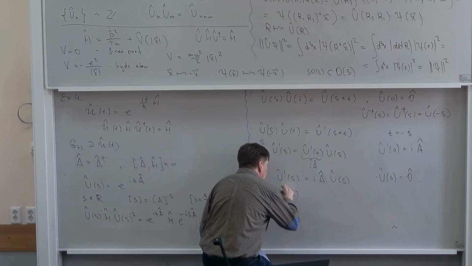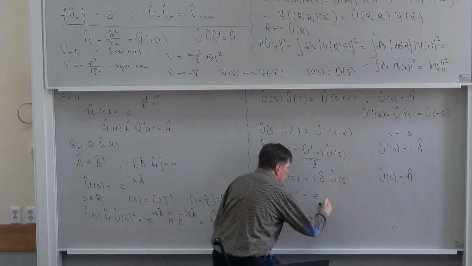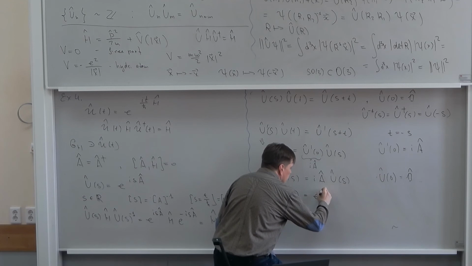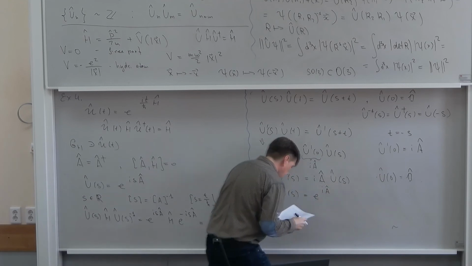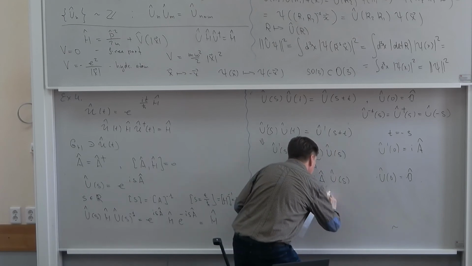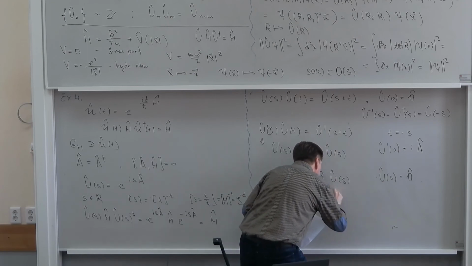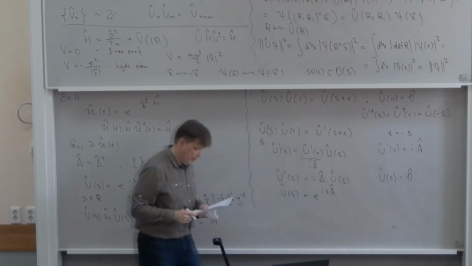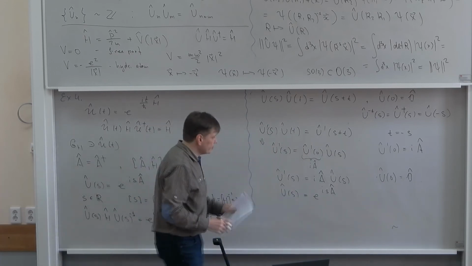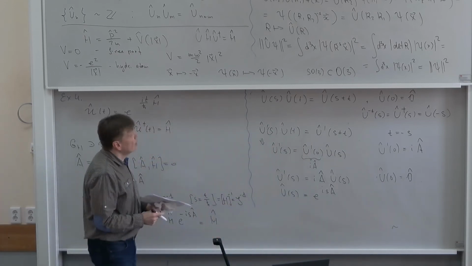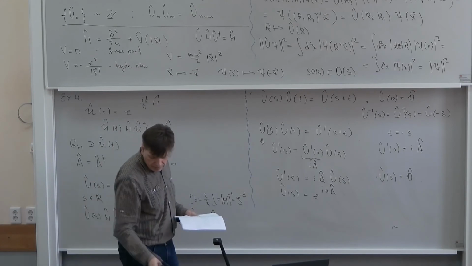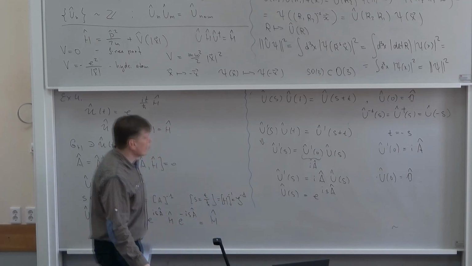U of s is given by the exponential function of i s times A. I agree.